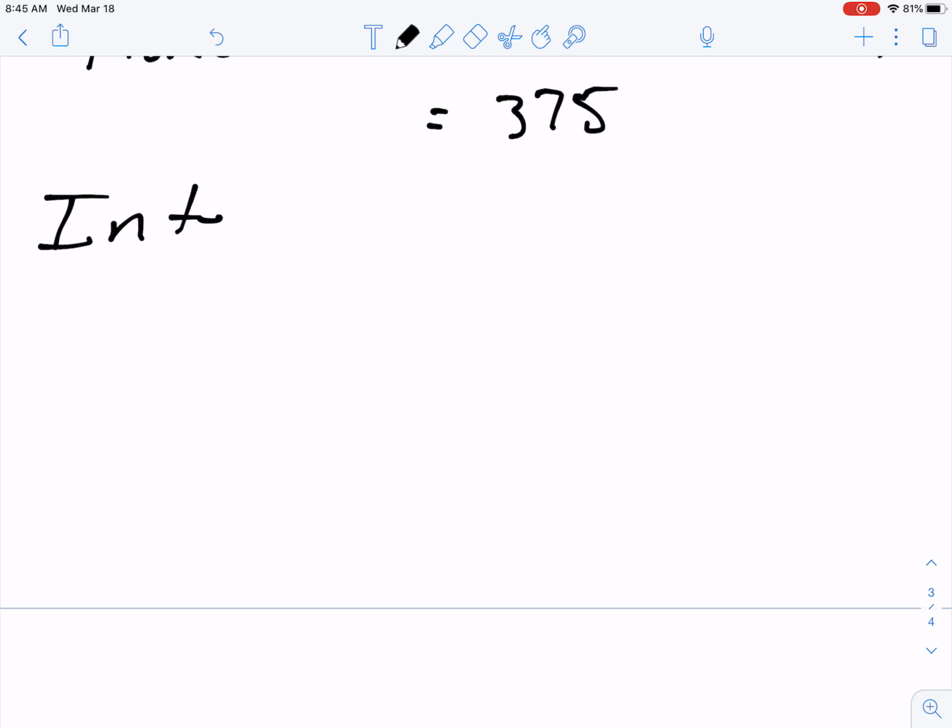Interval estimates, on the other hand, get a little bit more complicated.